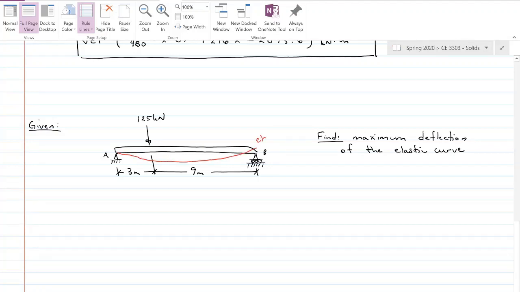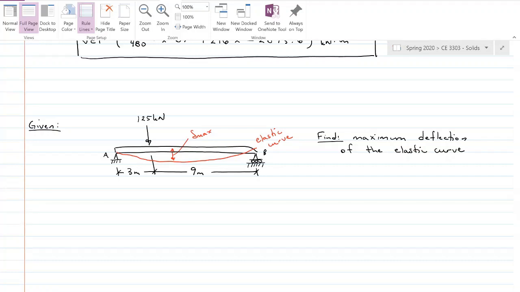So this would be my elastic curve. Now this is not symmetrically loaded and not symmetrically supported, so I'm going to assume that maximum deflection is occurring somewhere out here, delta max. Okay, but I don't know, let's prove it.